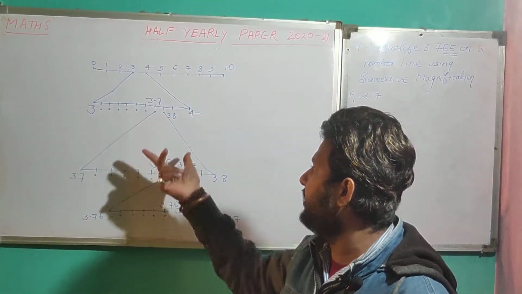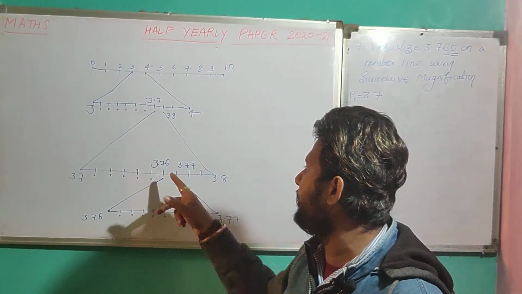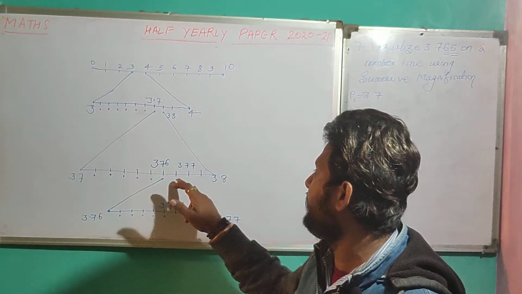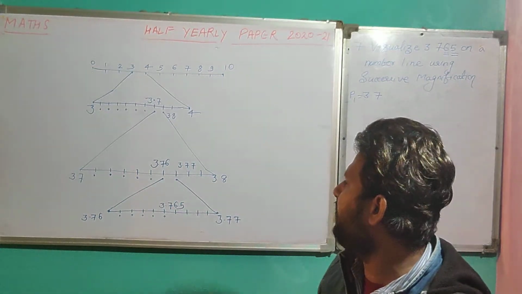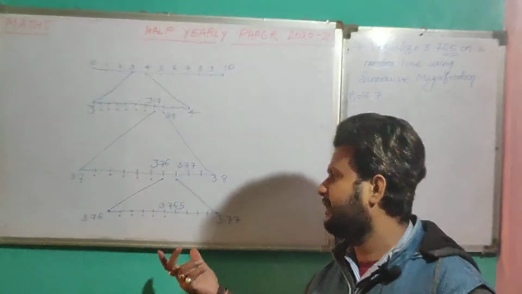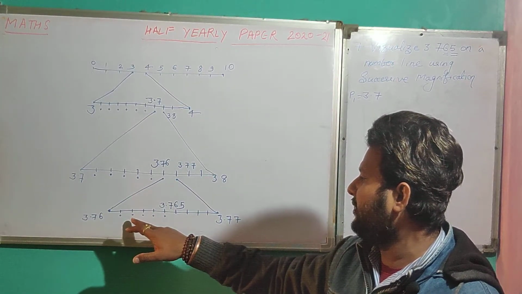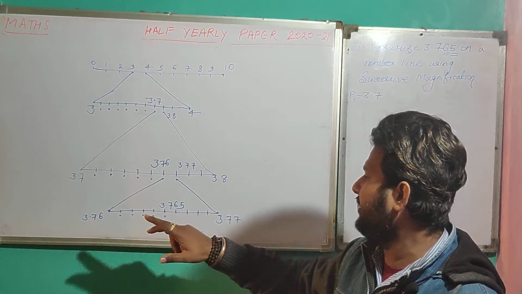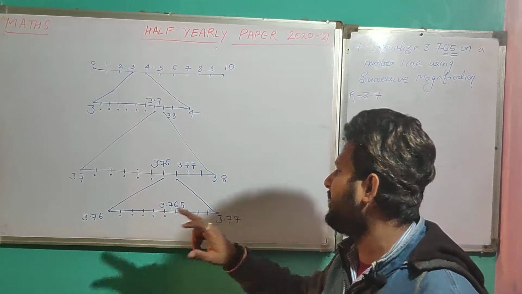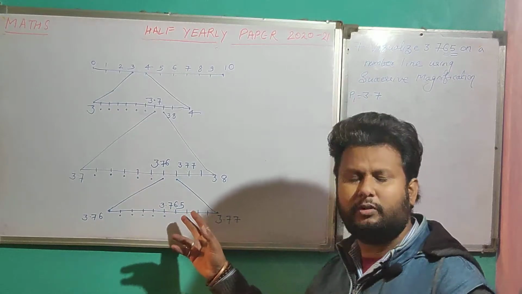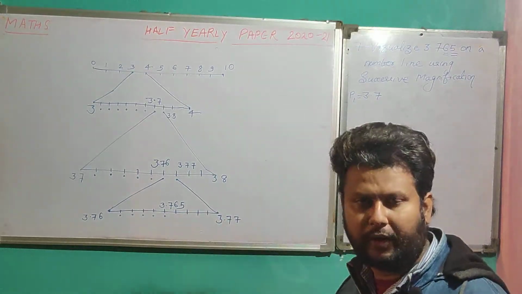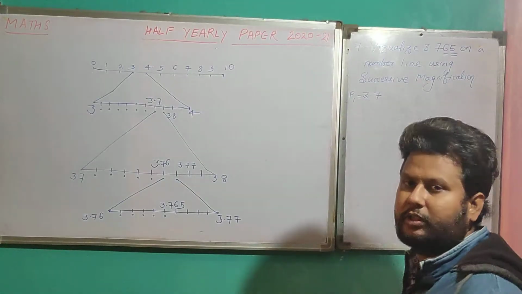Magnifying 3.7 and 3.8 into 10 equal parts, we get 3.76. Next point will be 3.77. Again, magnifying 3.76 and 3.77 into 10 equal parts, we get 3.761, 3.762, 3.763, 3.764, 3.765. That was the point which we had to find out. In this way, we solve this question.